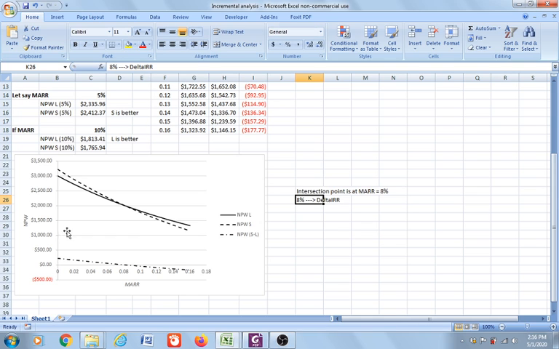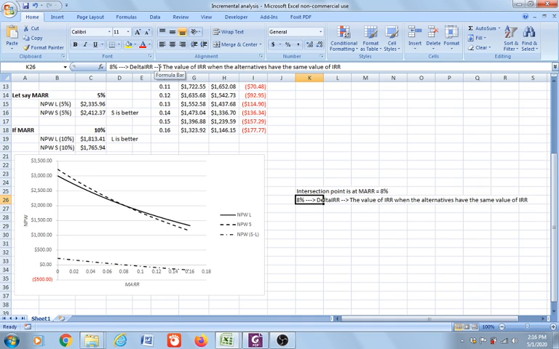The delta IRR means the value of IRR when the alternatives have the same value of IRR. I repeat, delta IRR is the value of IRR when the alternatives have the same value of IRR.